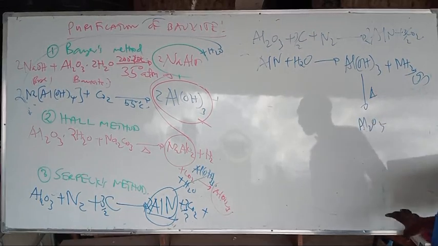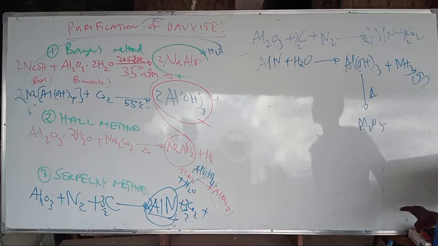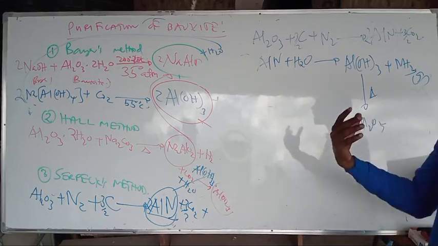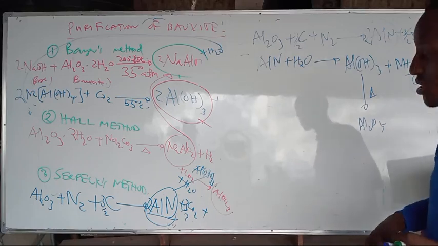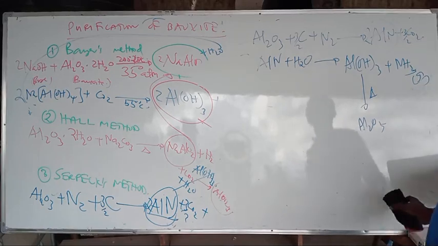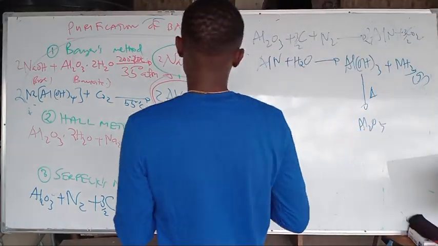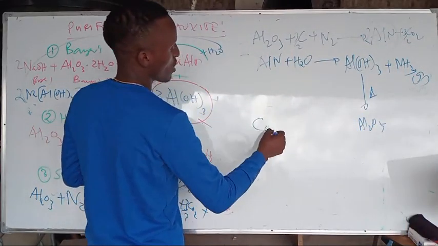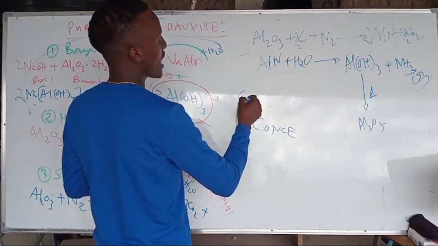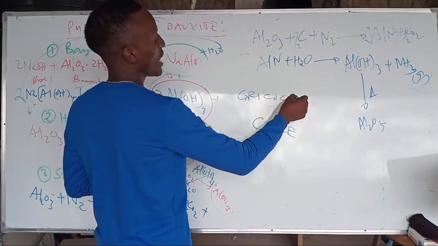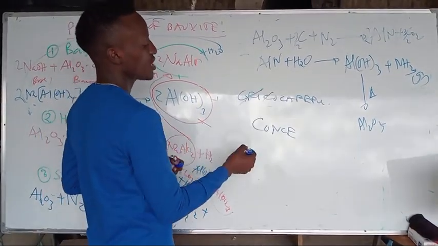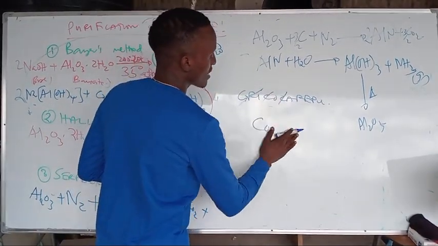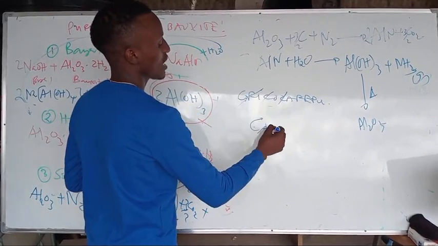The pure aluminium oxide now is being calcinated to remove the water of crystallization and volatile substances just by heating it. So this is grinding, then concentration, then we did the calcination.